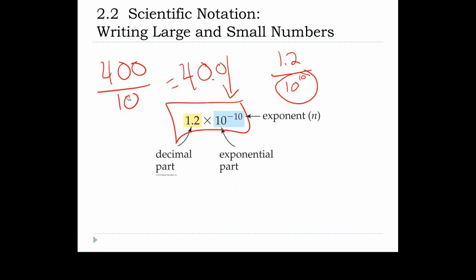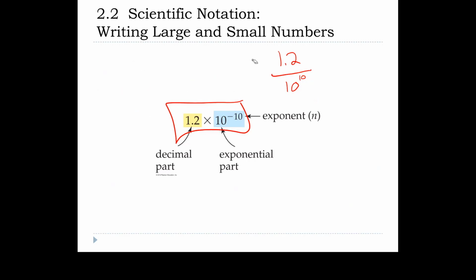So again, this is a shorthand method for writing really big or really small numbers, right? What would that number be? It would be this number. No one wants to write that number, so we write it in this fashion instead.